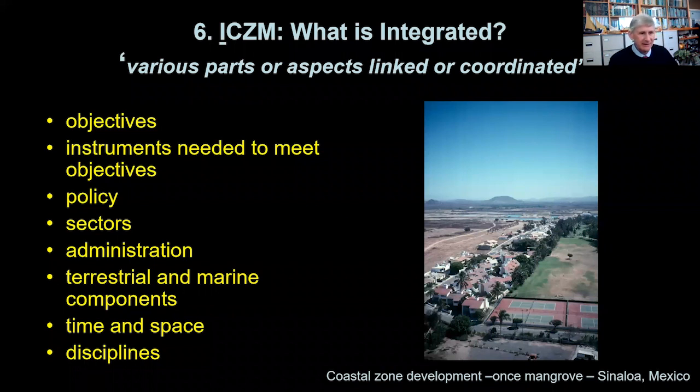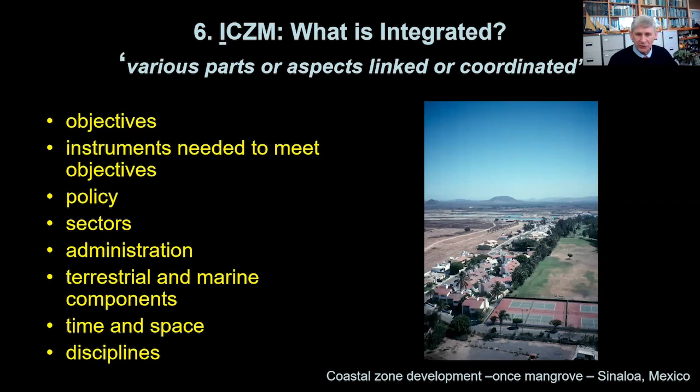We'll see that at the end. Instruments can help us meet those objectives. We need to combine in policy. We're bringing in both land and sea sectors and various different sectors of the economy.